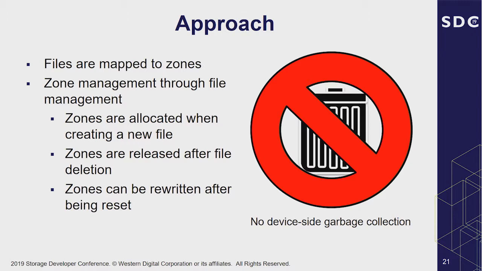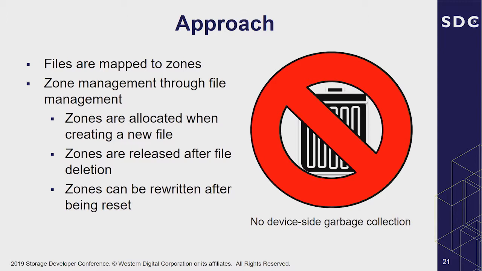It does things copy on write, so there's no need to do that in RocksDB. And because we have the zone interface and the host is managing the data placement, there's no on-device garbage collection. So we effectively get a write amplification of 1 on the disk.